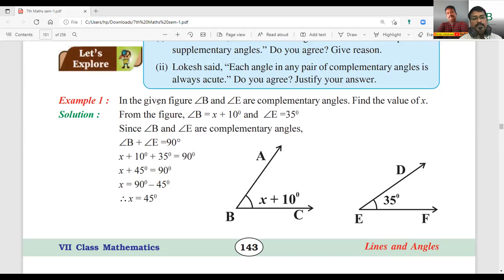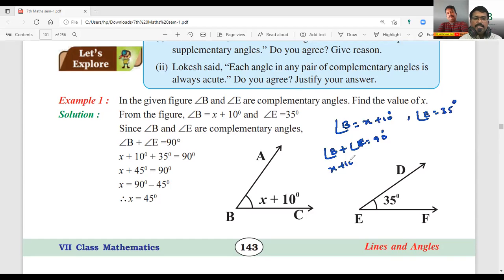That means here angle B is equal to x plus 10, they gave it. Angle E is equal to 35 degrees. So we can easily say that if they are complementary, angle B plus angle E is 90 degrees.